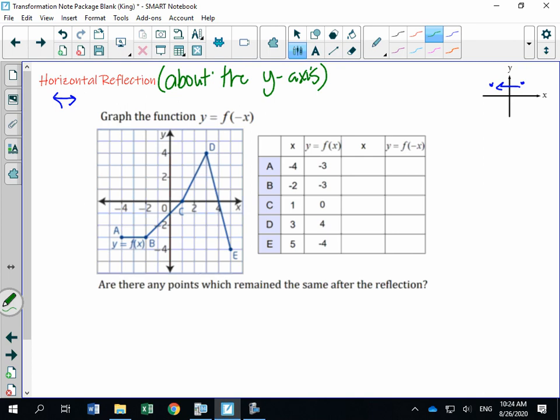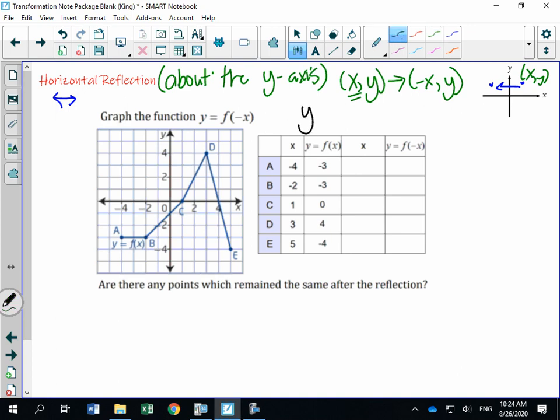Which coordinate, if this is x comma y, what became negative? If we do a horizontal reflection, the x becomes negative. Negative x, y. So that's going to be our mapping to get our new coordinates. And then I always do the transformation.